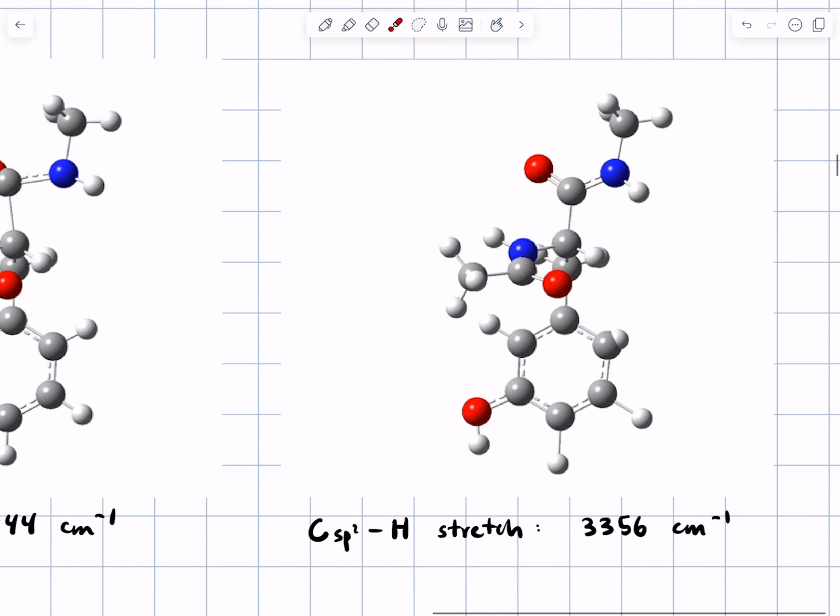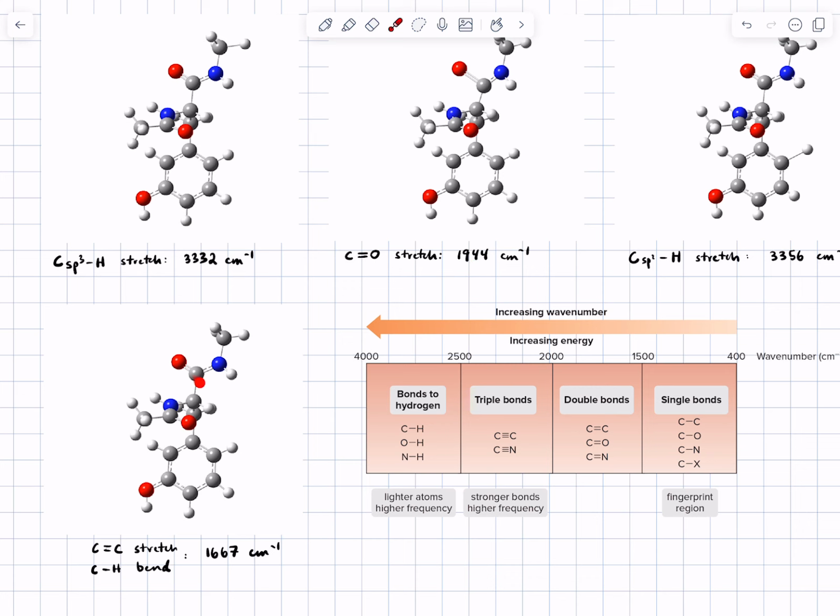But one thing that's actually pretty important is to note that the carbon-oxygen pi bond stretch is at a little bit of a higher frequency than a carbon-carbon pi bond stretch, like in the benzene ring. This is because carbon-oxygen pi bonds are stronger, more stable than carbon-carbon double bonds.